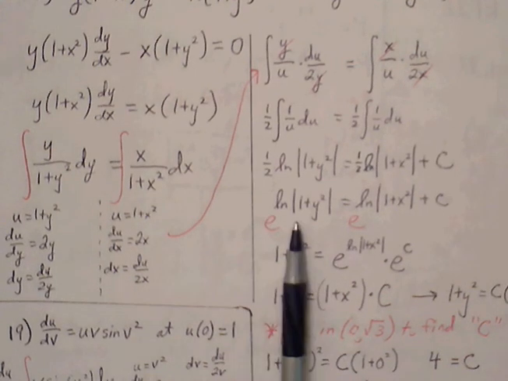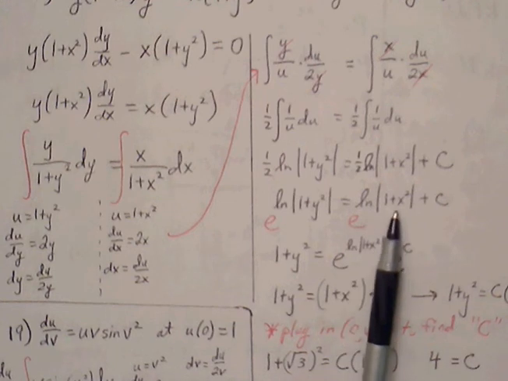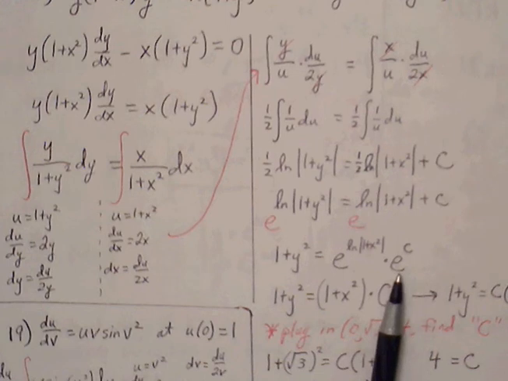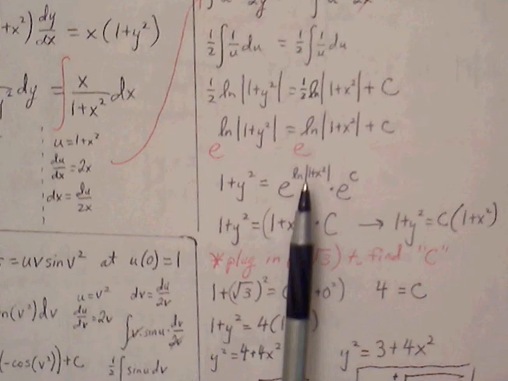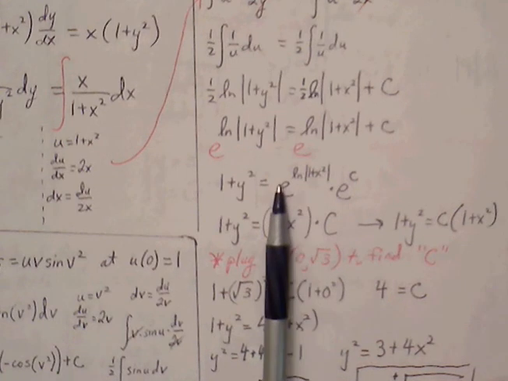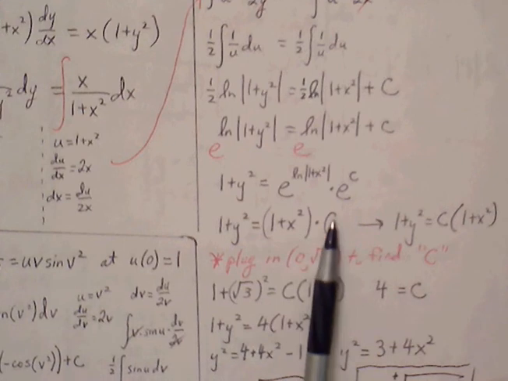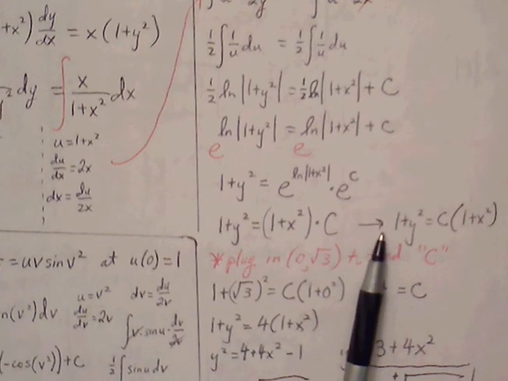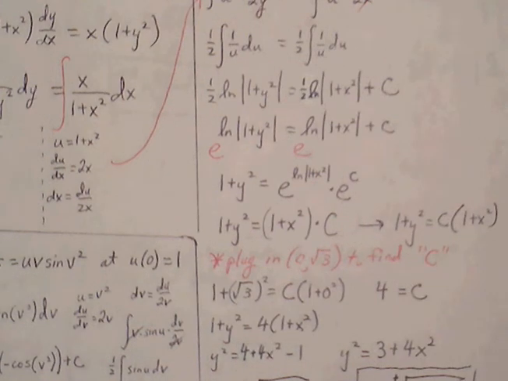On the right side, we have to first rewrite it as e to the natural log of 1 plus x squared times e to the c. We want to be able to pull out that constant. Once we pull out that constant, this expression e to the ln will drop out, leaving us with just 1 plus x squared. We can pull the coefficient in front. So we have 1 plus y squared is equal to c times 1 plus x squared.